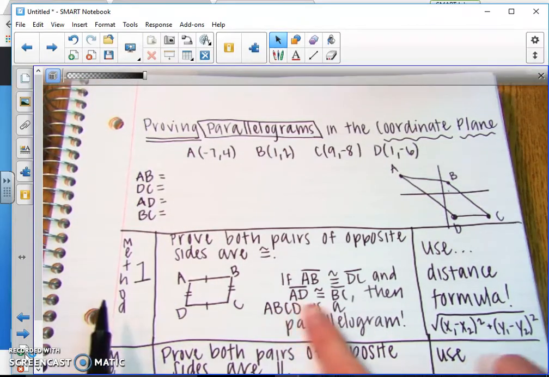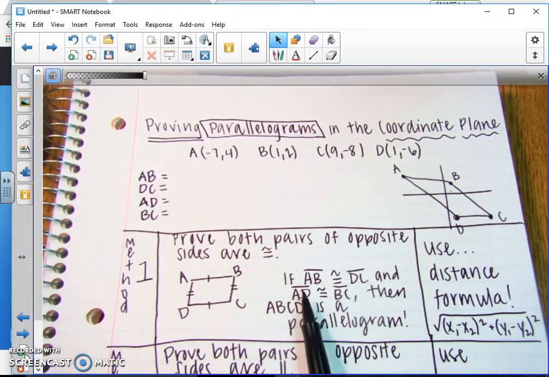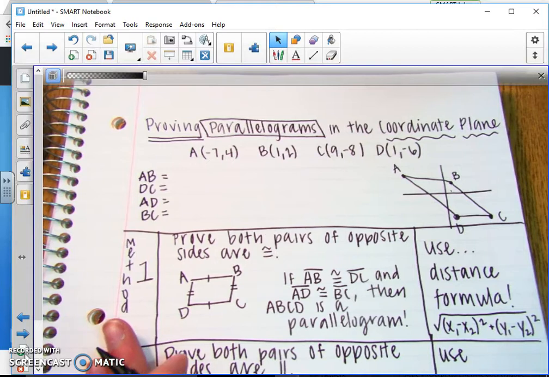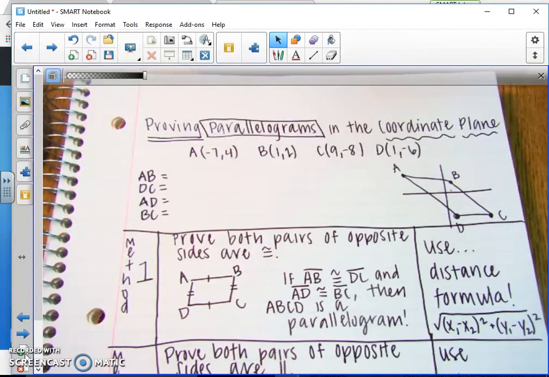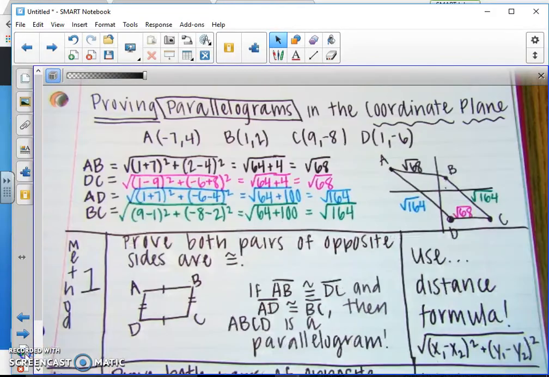According to this method, if AB and DC are congruent and AD and BC are congruent, then it's a parallelogram. So let's go ahead and apply that distance formula. You're going to do the work on your own, pause the video, and then come back and check your answers when you're done with your work. So go ahead and pause the video now and find the distances for those.